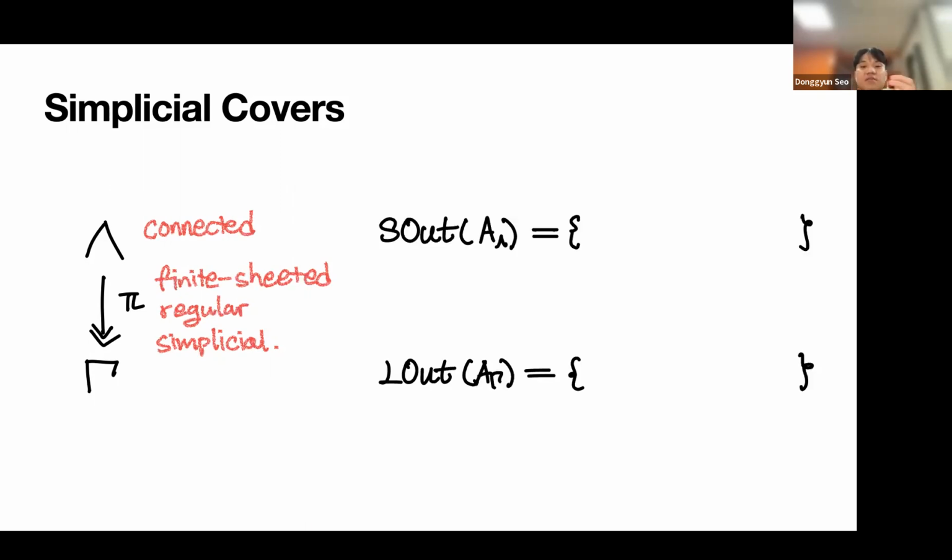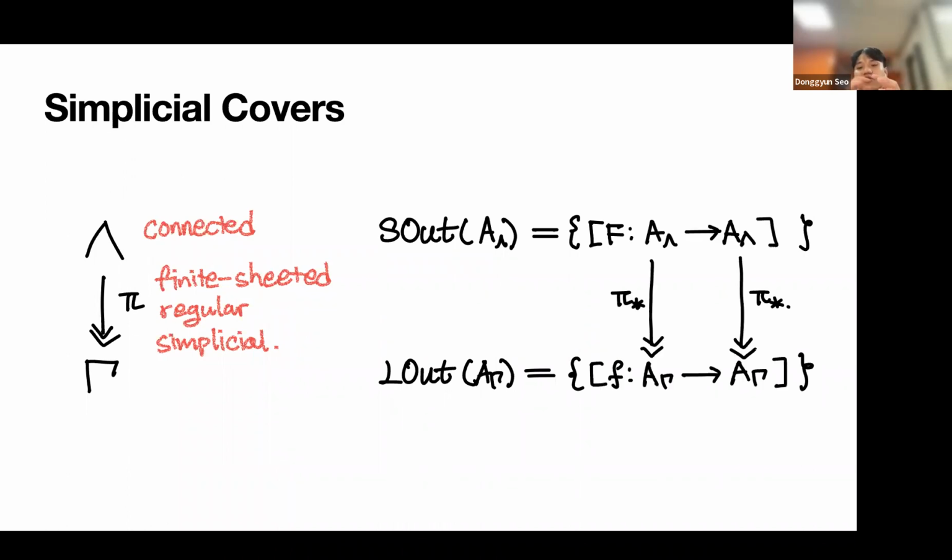Then we can define the symmetric automorphism group and the liftable automorphism group using this commutative diagram. Because pi is a simplicial map, there is a natural homomorphism from A lambda to A gamma.